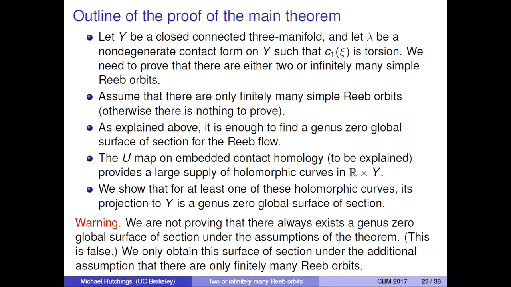And just to clarify, I am not proving that there's always a genus 0 global surface of section. That's not true. I'm just showing that if there are only finitely many simple Reeb orbits, and these other assumptions hold, then there's a genus 0 global surface of section.